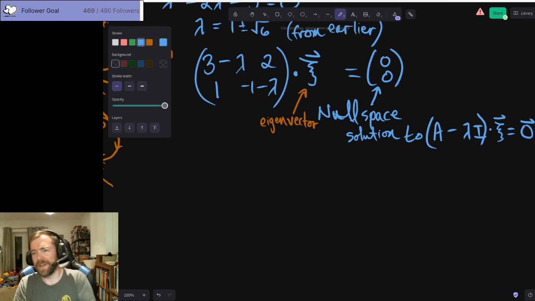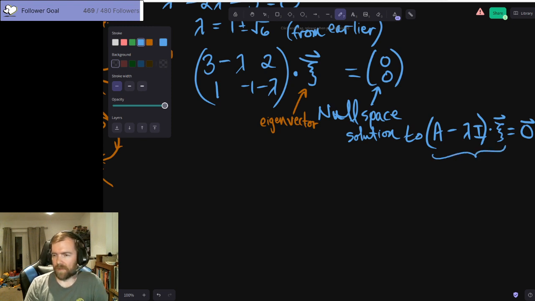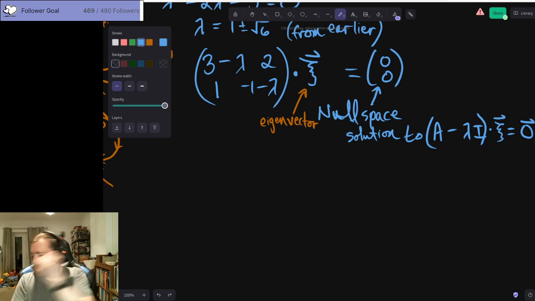Okay, so earlier we'd said that we want that particular product to be equal to our 0 vector. So how do we make that happen?